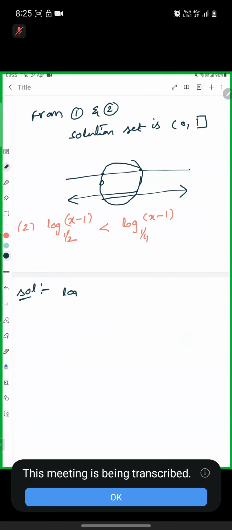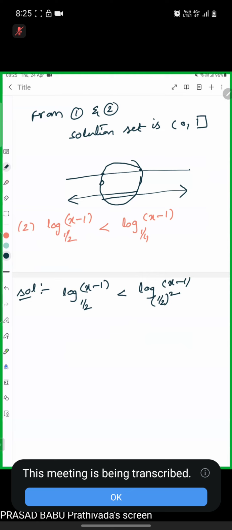So I'm going to write the given inequality like this. You can write 1 by 4 as (1 by 2) the whole square. And apply the property: log x to the base a power m is 1 by m into log x to the base a.